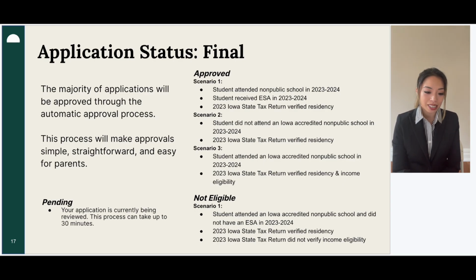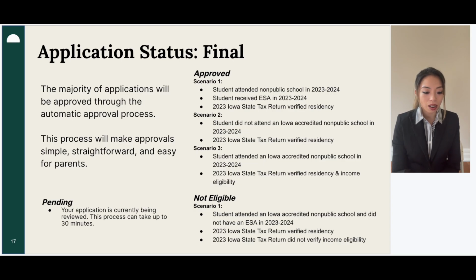The approved status will be shown in a scenario such as follows. A parent or guardian applies for a student who attended a non-public school in 2023 to 2024. They received an ESA for 2023 and 2024, and the household's 2023 Iowa state tax return verified residency.